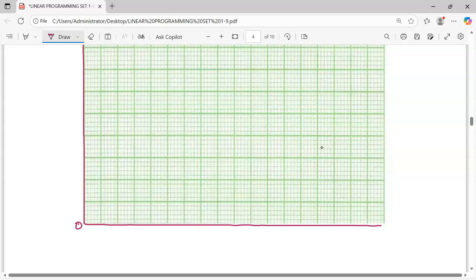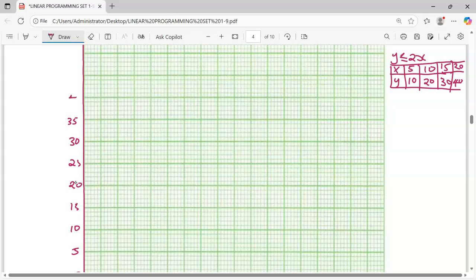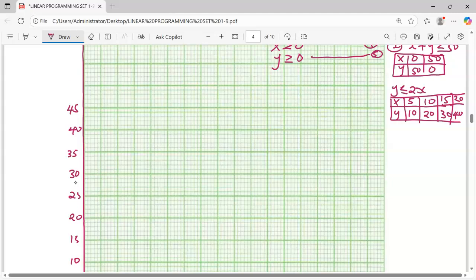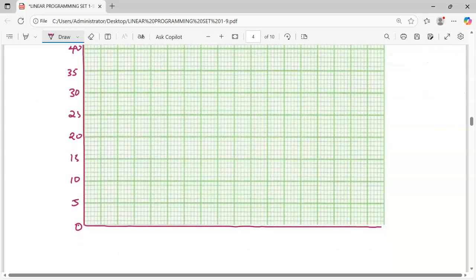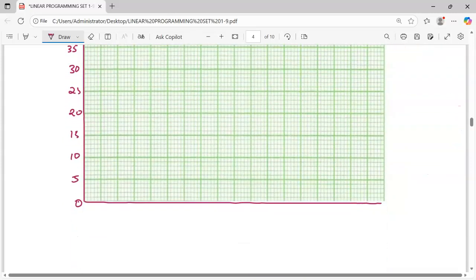We are going to use 5, 10, 15, 20, 25, 30, 35, 40, 45, 50. That is on the y-axis. Then we have the x-axis here.